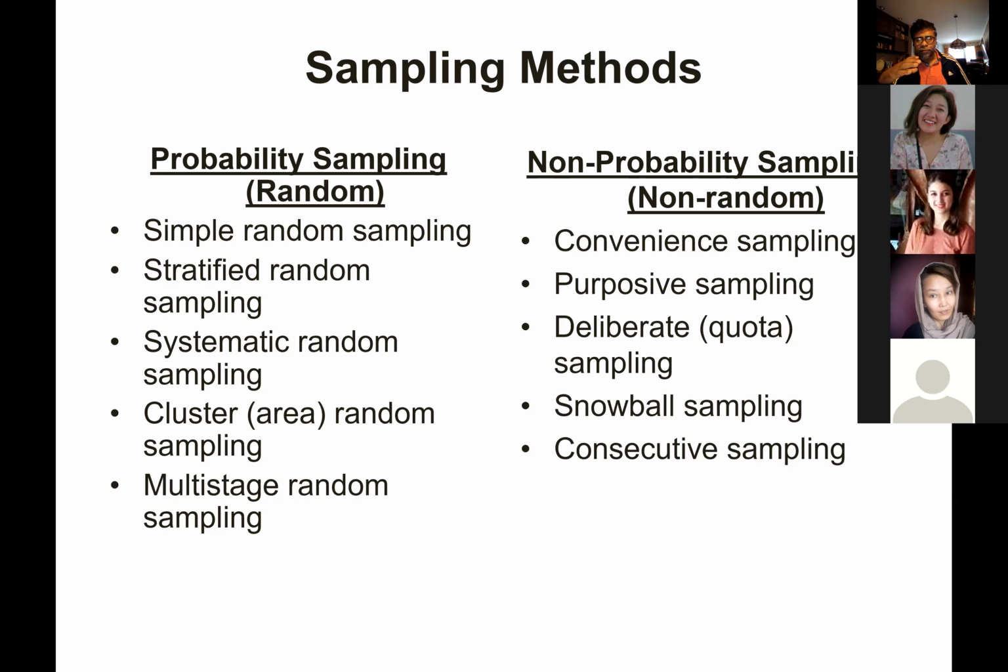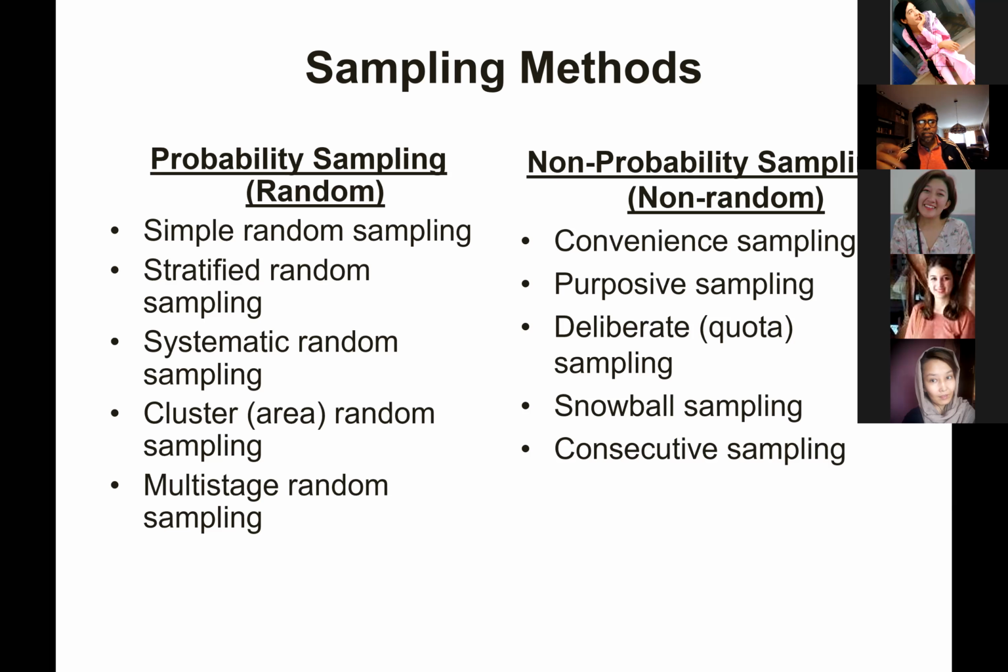That's why you want 50-50 or any other percentage, for example for districts or provinces. If someone conducts nationwide research, based on the size of the population they can say, okay, 50% from the city of Kabul, 20% from another city. So you have to maintain this quota, right? That's deliberate sampling or quota sampling.